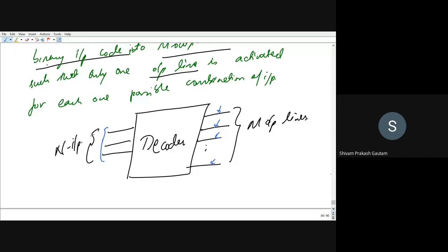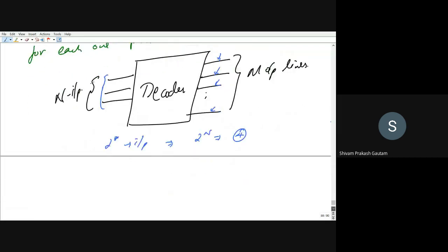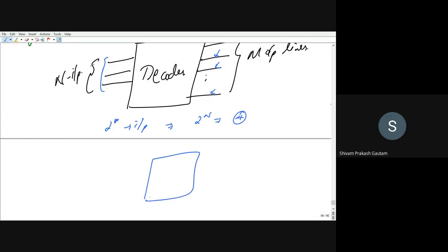For example, if we are having two inputs, maximum output lines we can obtain is 2 to the power n. That is, we can have 2 to the power n combinations, right? So maximum output lines can be 4. So 2 to 4 decoder is having 2 input lines and 4 output lines.